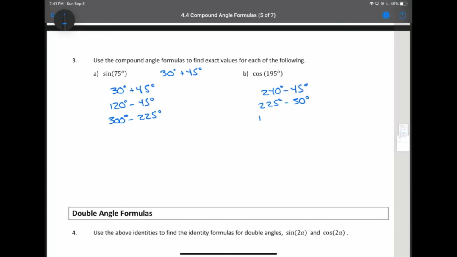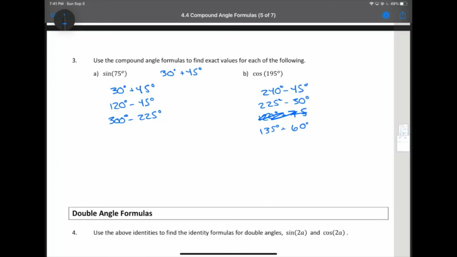Now we do 120 plus 75. Oh wait, we don't have 75. We just figured out 75 on the other side, so that one doesn't work. We could do 135 plus 60. And there's more. There's quite a few that you can do.